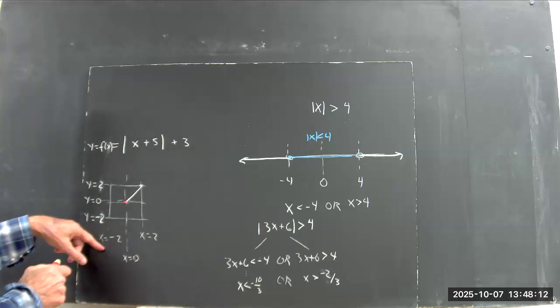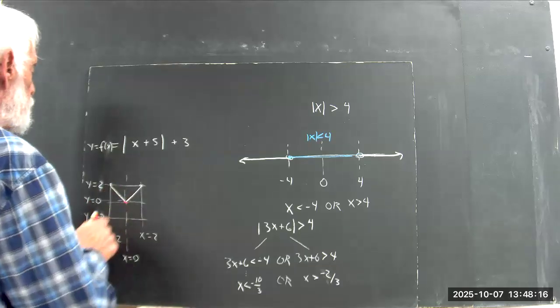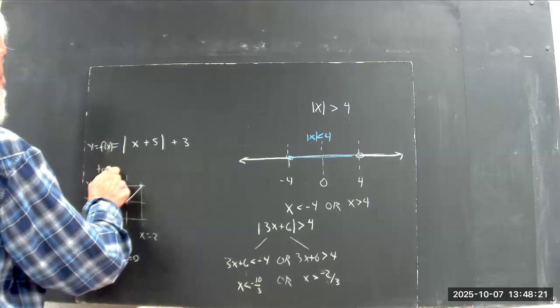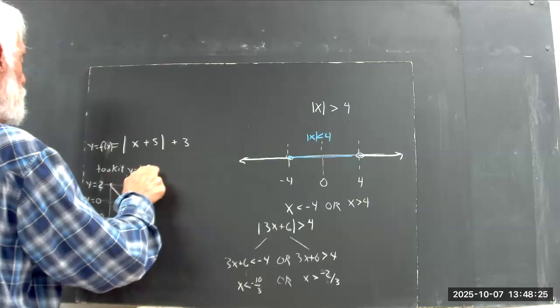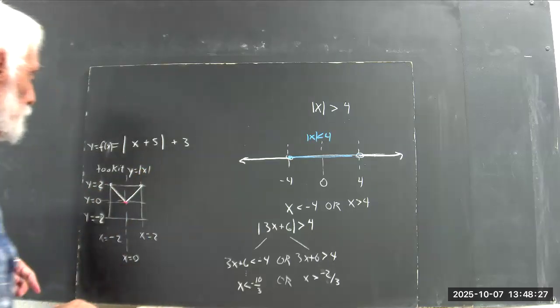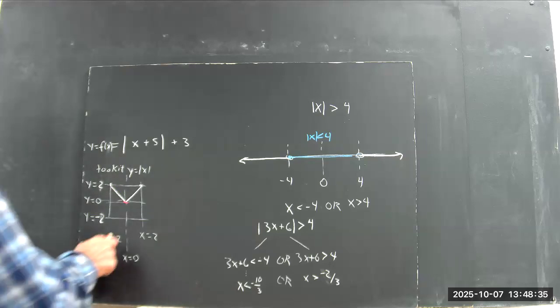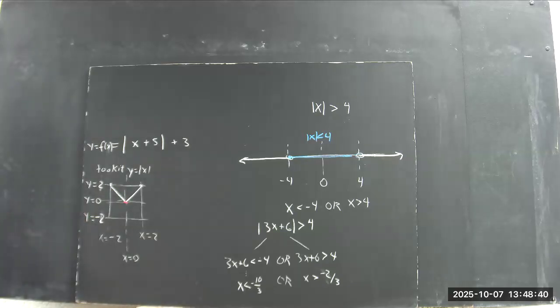If x equals -2, the absolute value is 2. So this is a toolkit, y equals absolute value of x. You don't have to do a lot of subdividing, but you can if you want. But that's what the graph looks like.